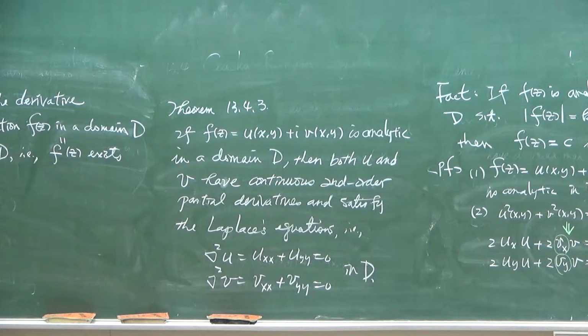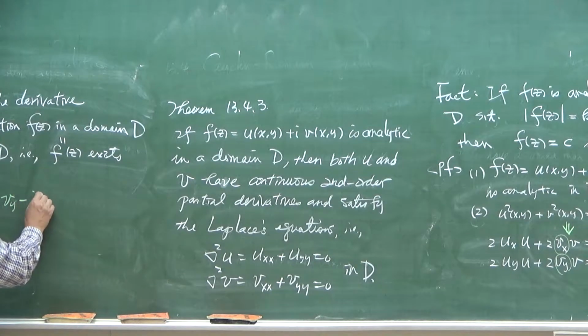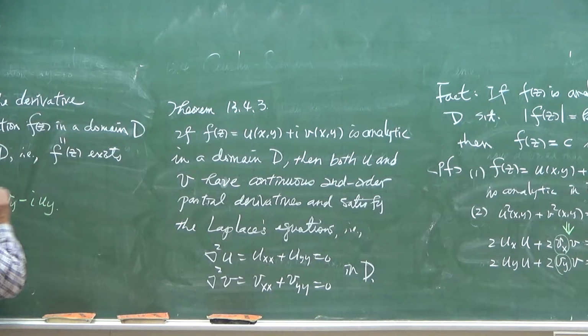So let's go back to here. f'(z) is equal to u_x plus i v_x, or you can write this as v_y minus i u_y.